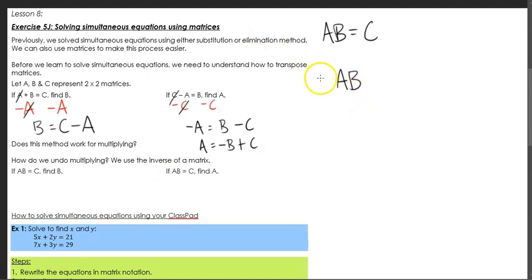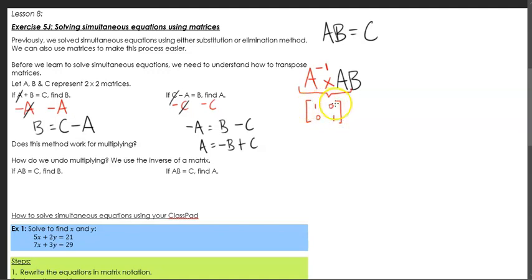And what I'm going to do is multiply that A out in the front by its inverse, A to the power of -1, because I know for a fact that A to the power of -1 times A will give me the identity matrix 1, 0, 0, 1.